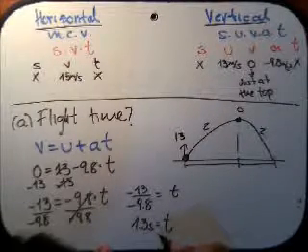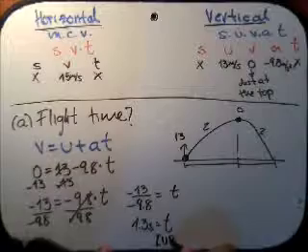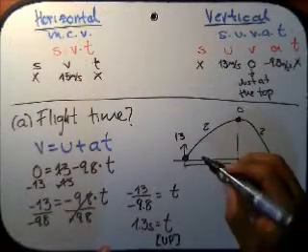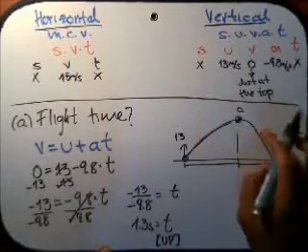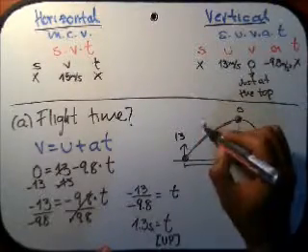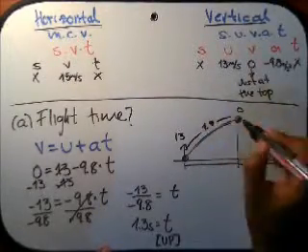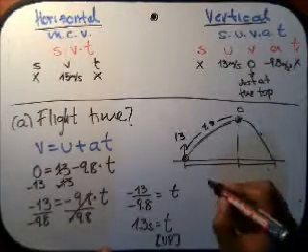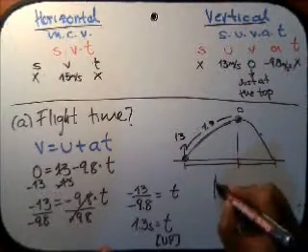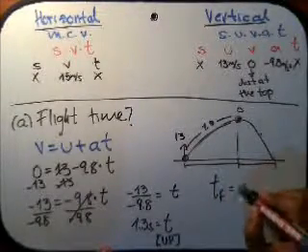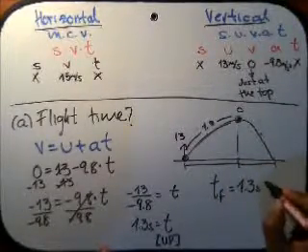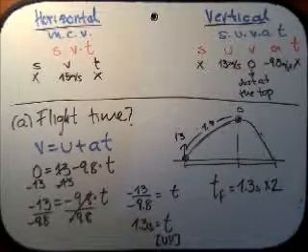What time is this? This is the time to go up, right? This is the time that the ball takes to this point of the trajectory. So it's not 2, it's 1.3 seconds, right? And because I want the flight time, I'm just going to represent that with TF, flight time. The flight time would be 1.3 seconds times 2, right?